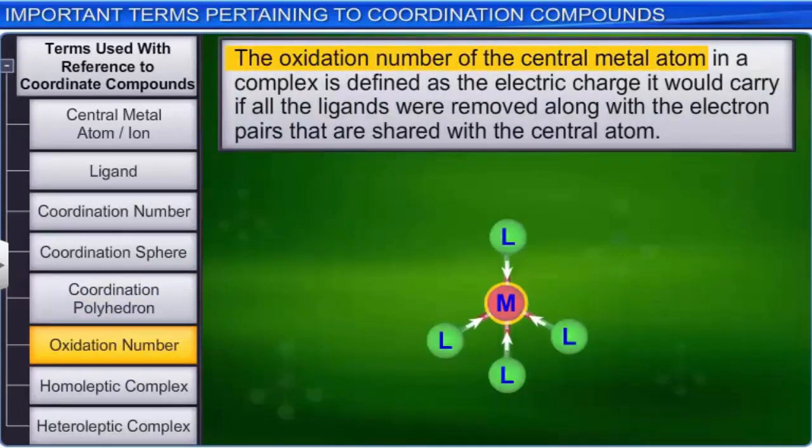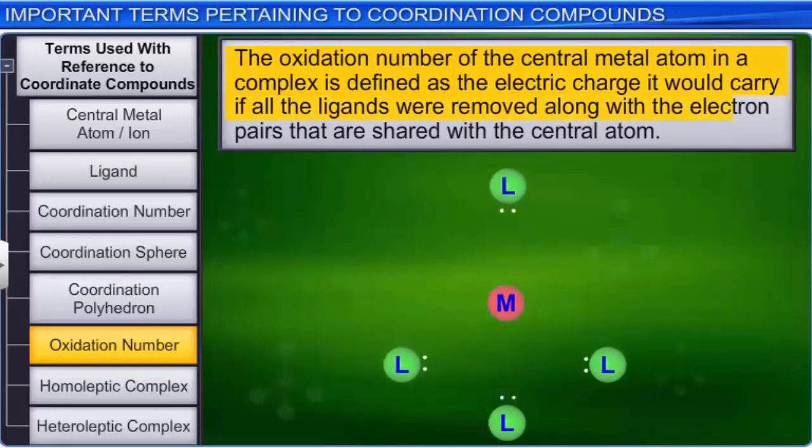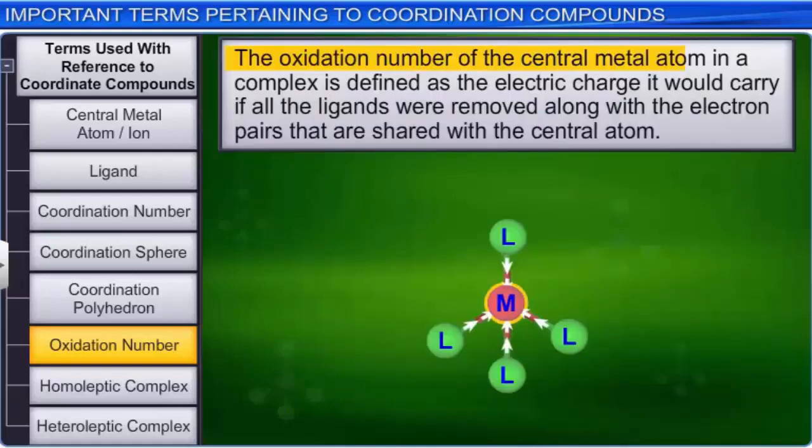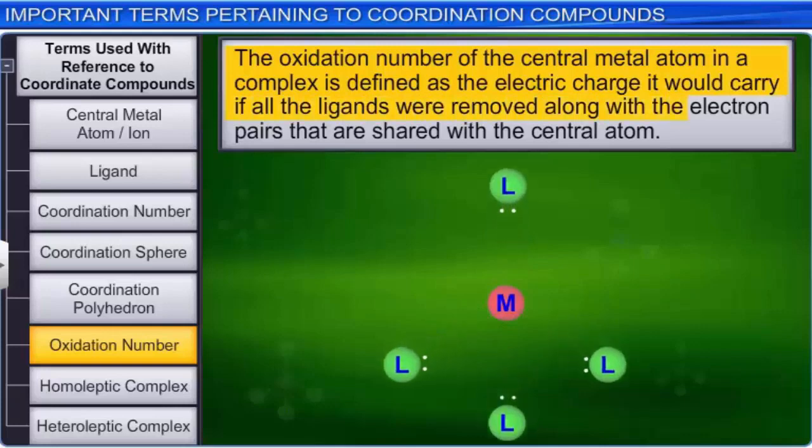See, the next term we are going to study is oxidation number. Oxidation number is nothing but the oxidation state of the central metal ion. If all the ligands are removed from the complex, the central metal ion possesses a charge, no? That charge is called the oxidation number.